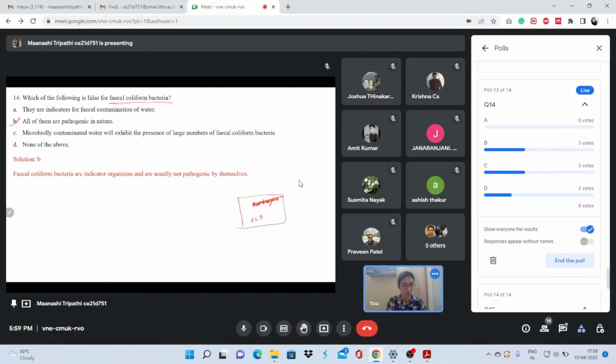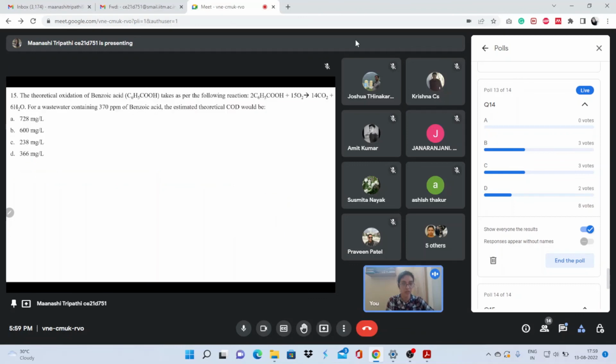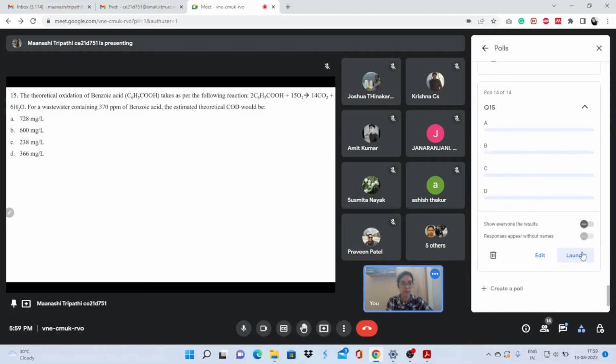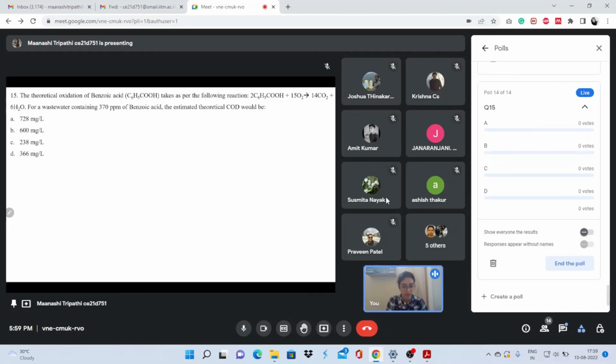So moving towards the last question, this is also a numerical type question. The theoretical oxygen demand of benzoic acid takes place in the following reaction. This is the reaction for wastewater containing 370 ppm of benzoic acid, ppm meaning milligrams per liter. Estimate the theoretical COD value.